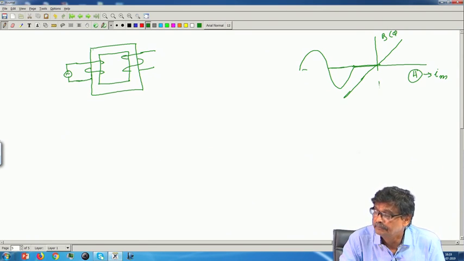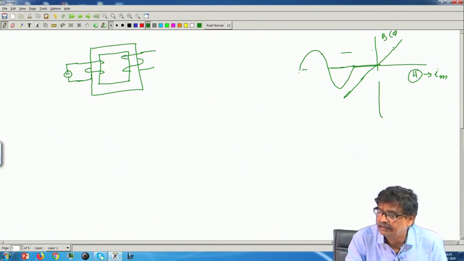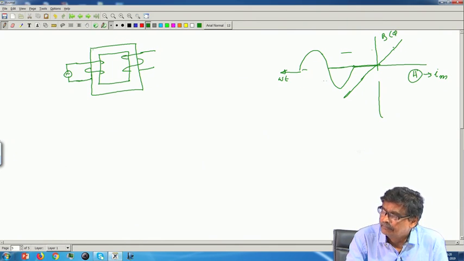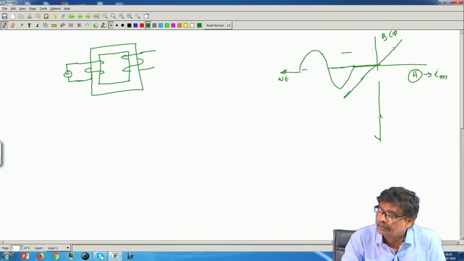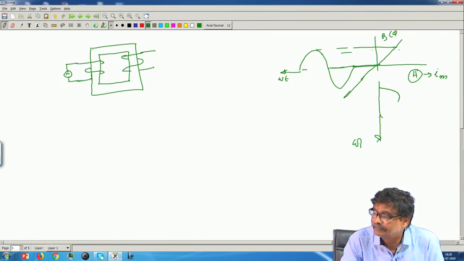Suppose the flux is varying like this, with the BH curve alongside, plotted against omega t. For sinusoidal flux, if you want to generate this much flux, the current value will be maximum there.